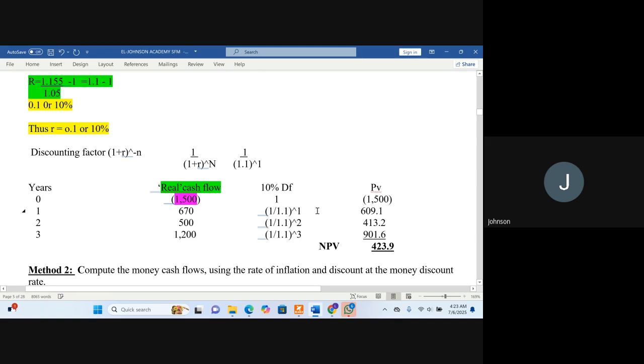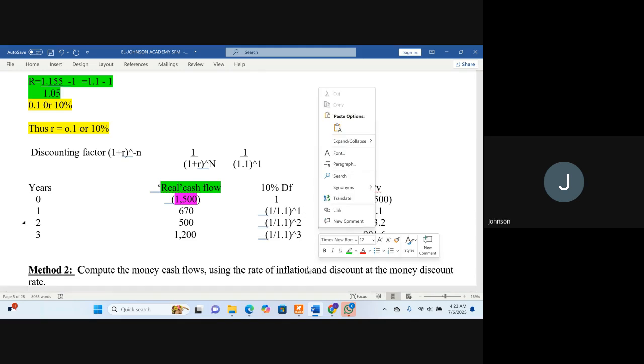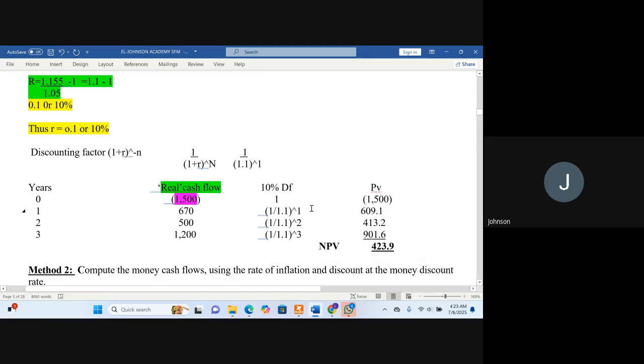So here now, the discount factor that we got in year one, we take 1 divided by 1.1, then you multiply it by 1. So in brackets, our discount factor gave us 0.9090. Has anybody done it? Yes. Okay, so 0.9090.